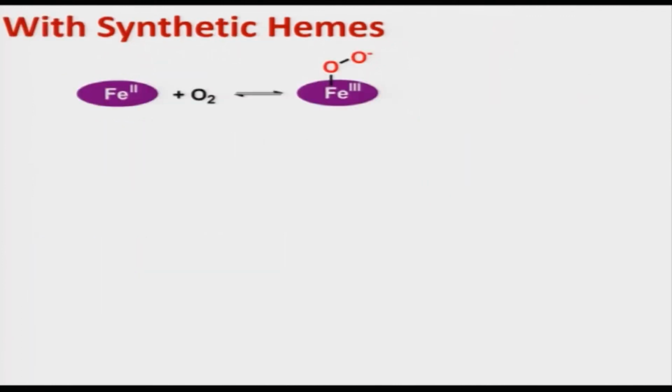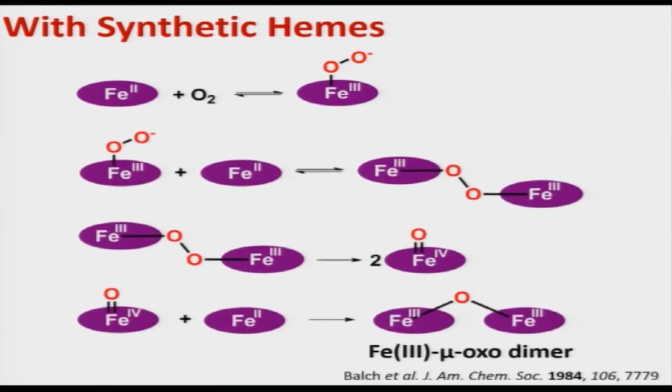In synthetic heme also, this iron 2 center binds dioxygen and forms this iron 3 O2 minus, as we have seen in the case of hemoglobin and myoglobin. But then this iron 3 O2 minus immediately reacts with another iron 2 center and forms this peroxide bridge complex, and this peroxide bridge complex eventually converts to the iron 3 mu oxodimer.